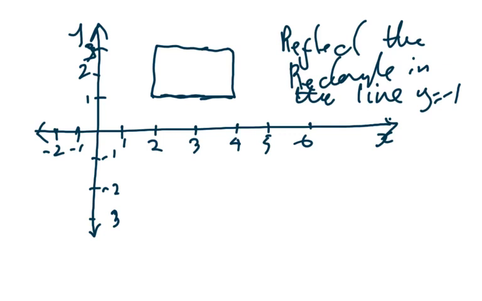Now, the line y equal to negative 1, therefore we go to negative 1 here, so this would be the line. And we're asked to reflect that rectangle in there. Let me give you a few minutes to think about it.